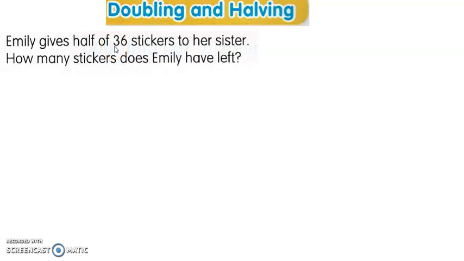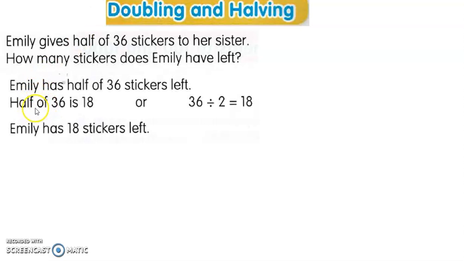So here we need to get the half of this number, which is half of 36 is 18. How did we get that? Because 36 divided by 2 is 18. So Emily has 18 stickers left because she gave her sister the half, which is 18, and there are 18 stickers left with Emily.